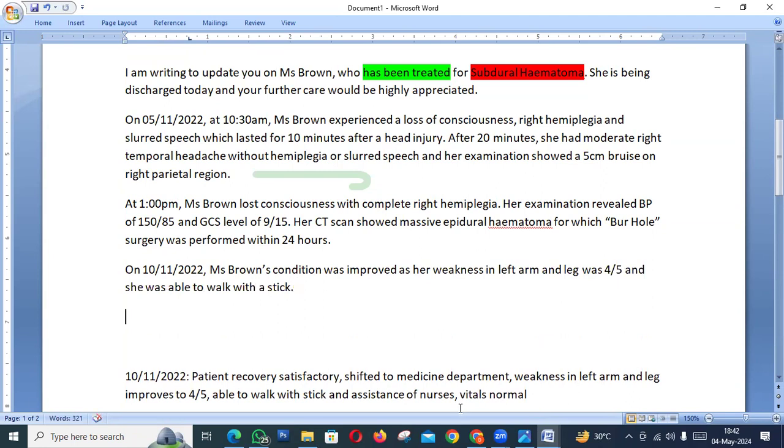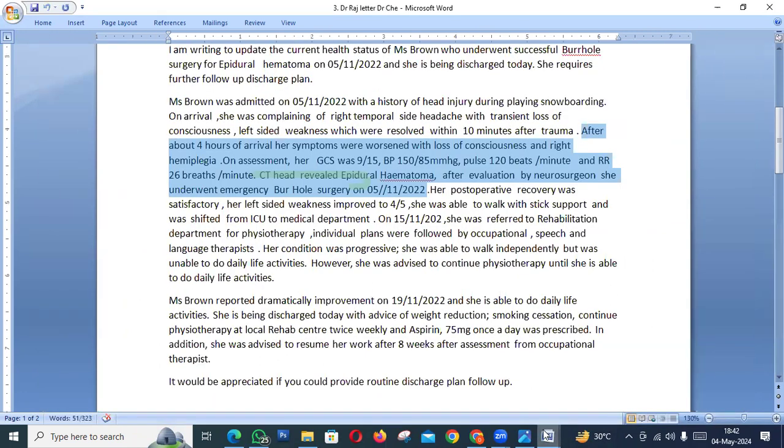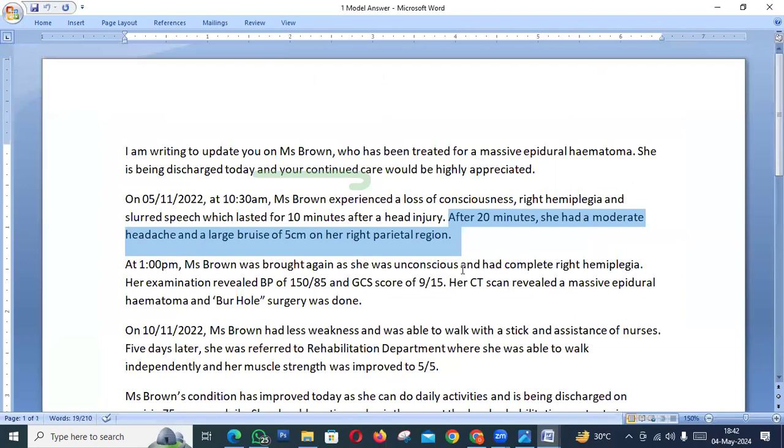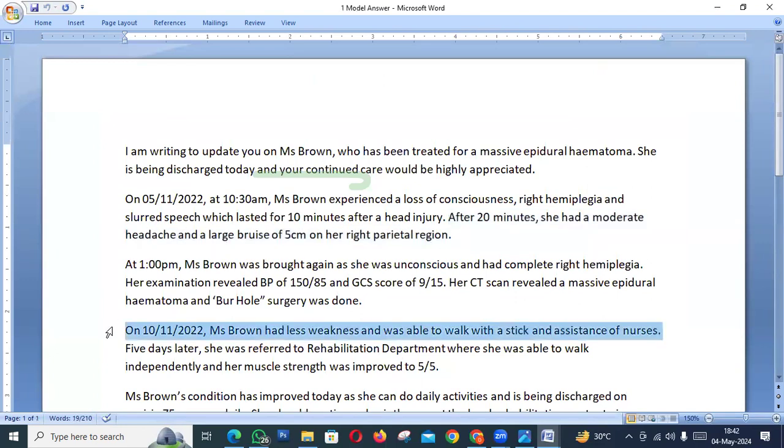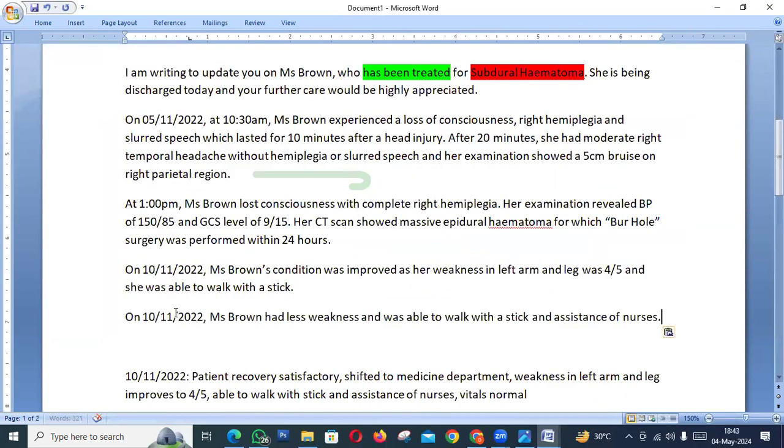Okay, let's see a better sentence in the model answer, because I wrote this a long time ago. This is just one sentence here also. Let us compare. On this date, Miss Brown had less weakness and was able to walk with a stick and assistance of nurses. So I'm not mentioning the exact weakness.